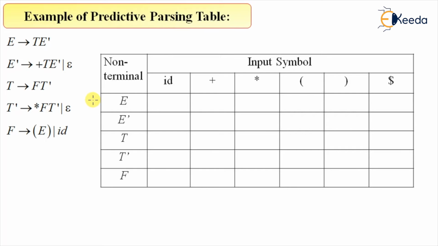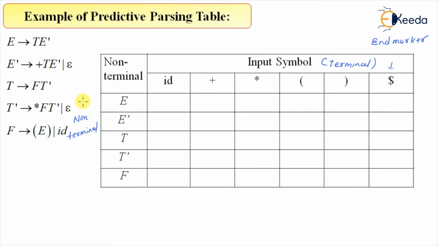It's a two-dimensional table; the rows are your non-terminals, and the input symbols are in the columns, which are your terminals. Remember there will be a dollar as an input symbol, the end marker.